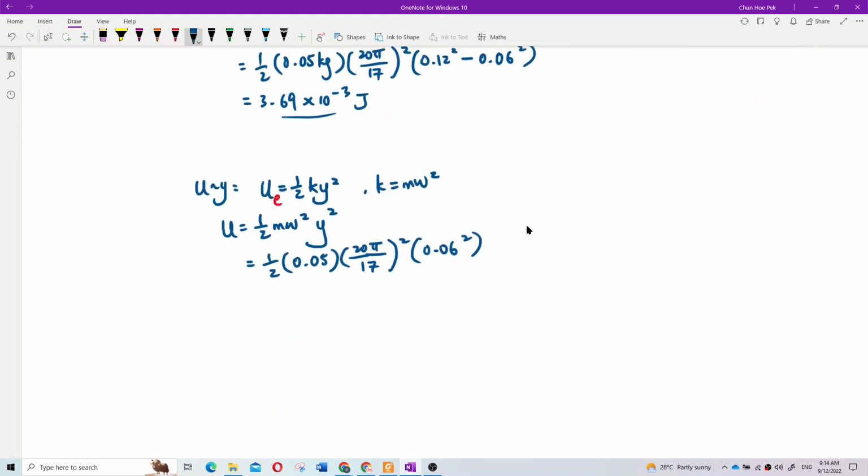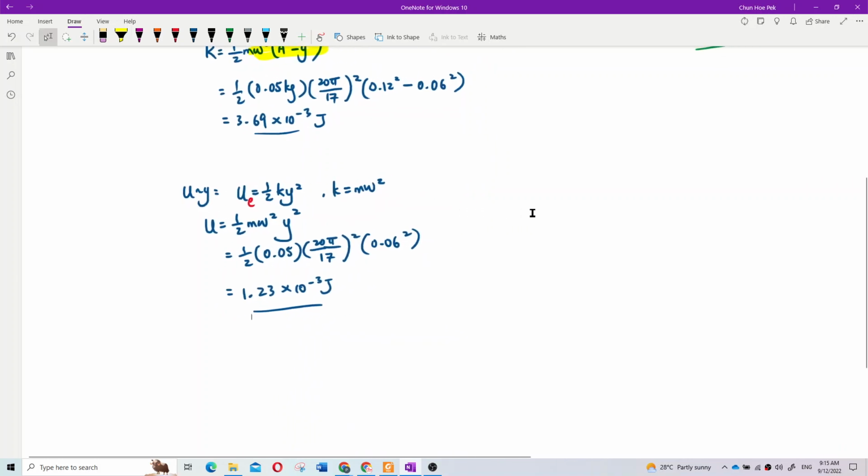So what is the answer? Let's check. 0.06 square multiplied by 20 pi divided by 17 square, multiply 0.05, divided by 2. So I got the answer 1.23 exponent negative 3 joule.